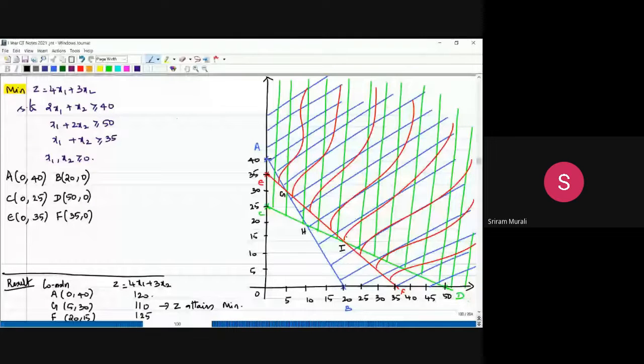Now you can tell me the common region. Where is the common region? GHI, sir. The common region is, in fact, you can take A, G, I, H, it never comes, and then D. Am I right?